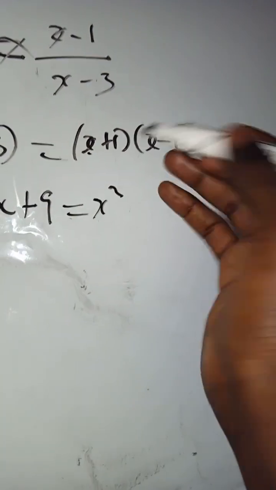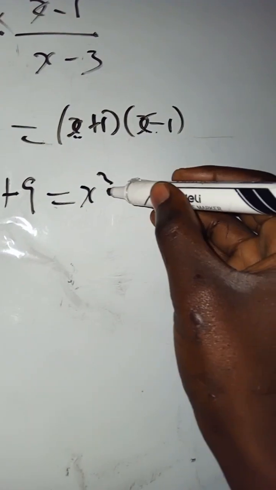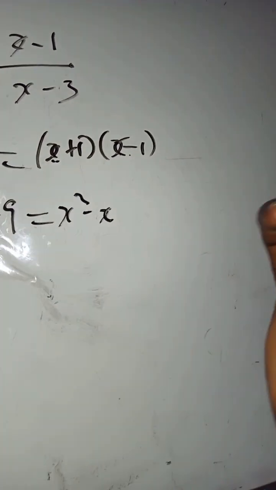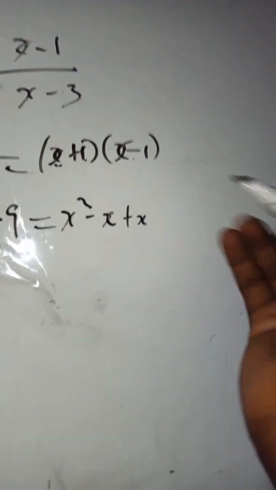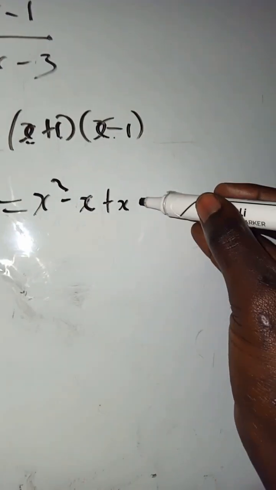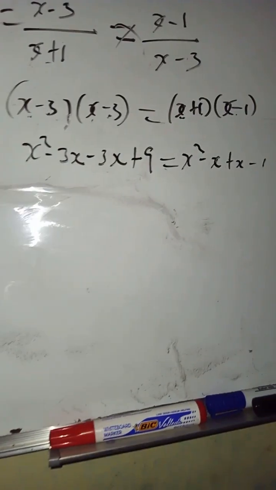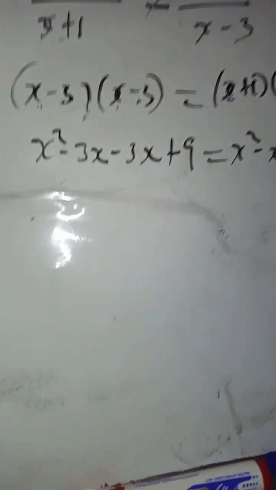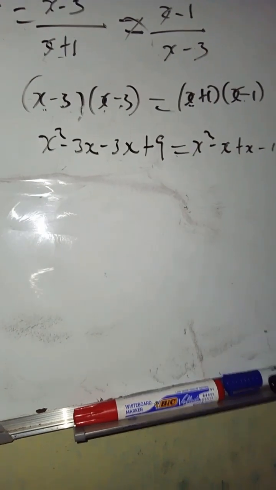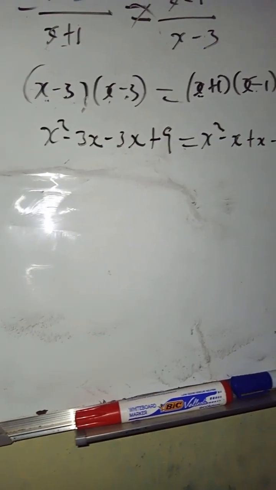Equal to this times that, which is x squared. Then x times negative 1 is negative x. Then 1 times x is positive x. Then 1 times negative 1 is negative 1. We move on. We collect like terms.